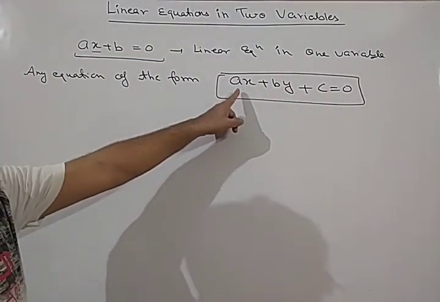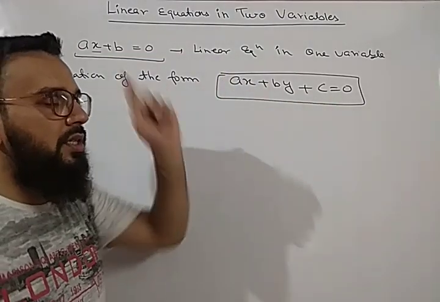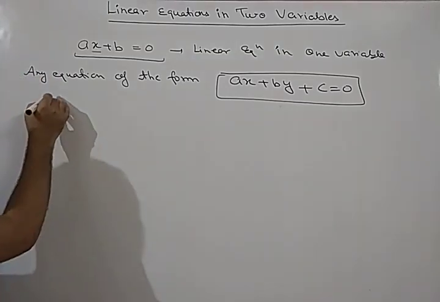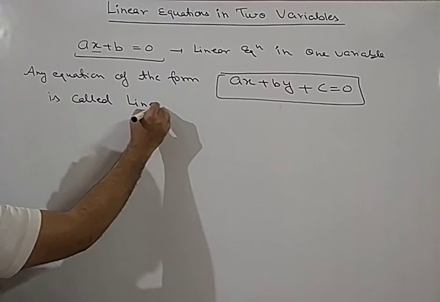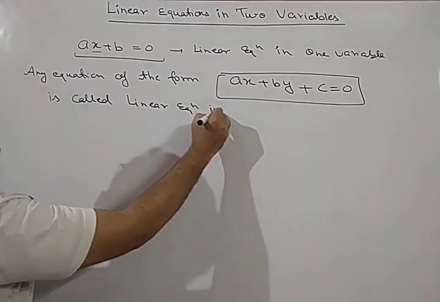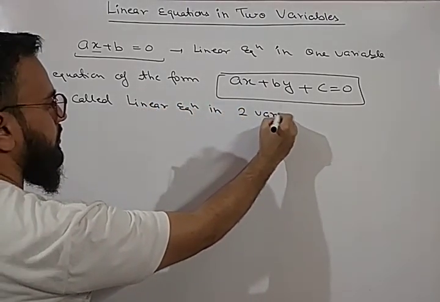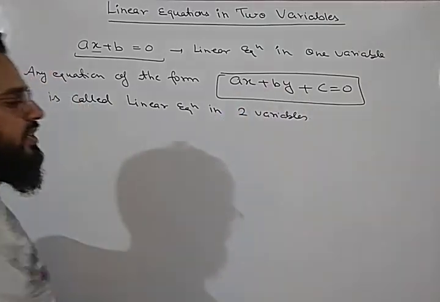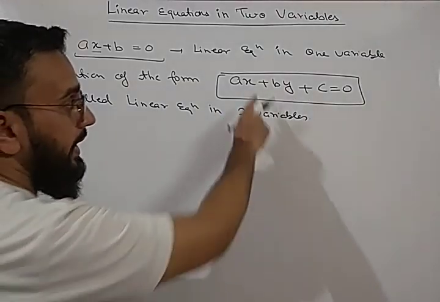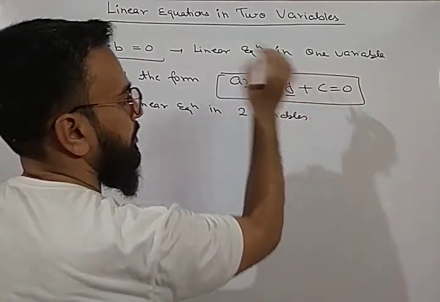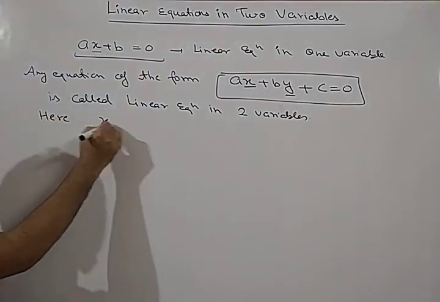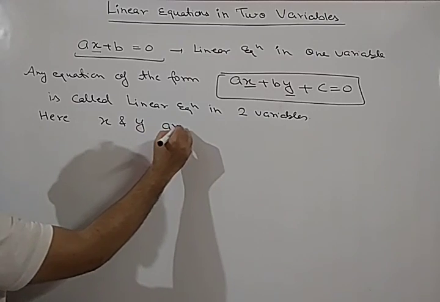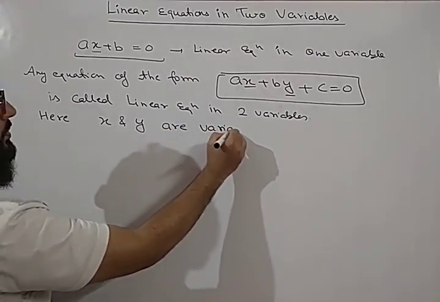Any equation of this form, ax plus by plus c equal to 0, is called a linear equation in two variables. Here x and y are variables.